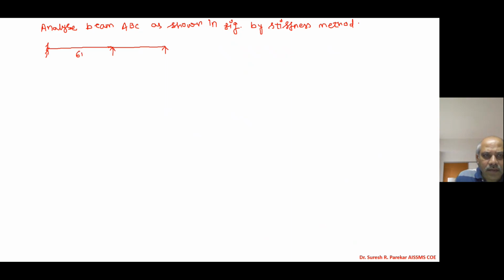We have this span as 6 meters, then a concentrated load at center, so 2 meters, 2 meters. The load we have is 60 kilonewton, and this is a UDL of 40 kilonewton per meter.